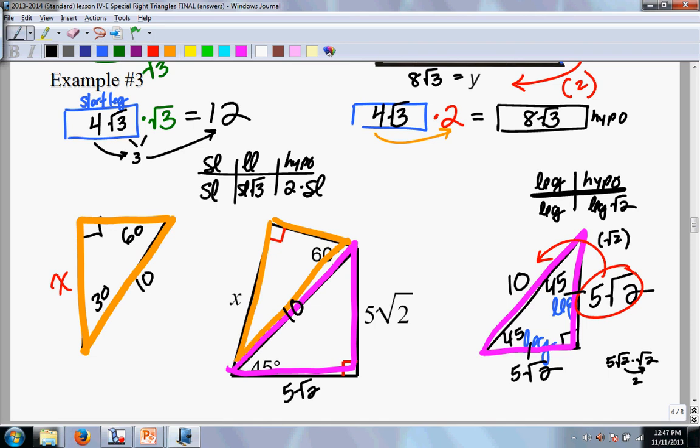That's for 30, 60, 90. We take a look at what we have, and we have here the hypo. So to go backwards, we know whatever this was, we had to times it by 2 to get 10. So you ask yourself, what times 2 is 10? The answer, of course, is 5.